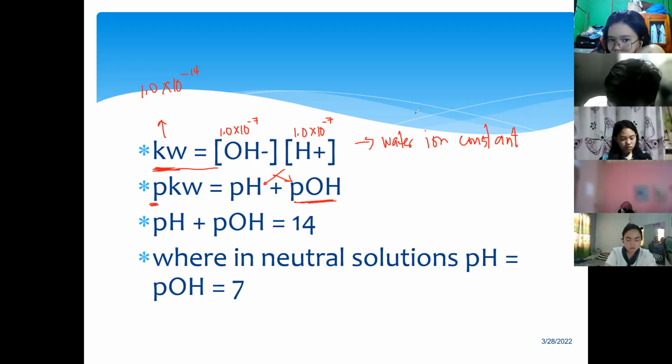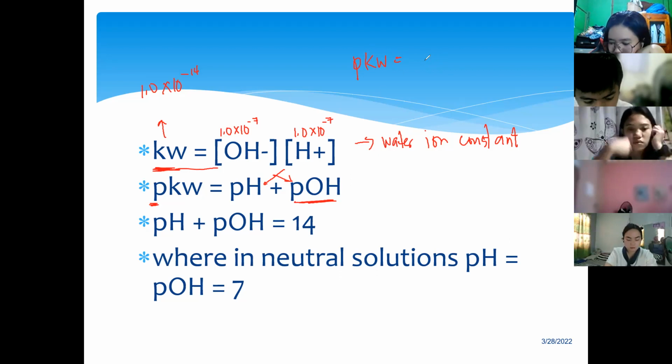Now, since the water ion constant is called constant, meaning hindi nagbabago ang kanyang value. So, if you're going to try, pKw is equal to the negative log of the Kw.